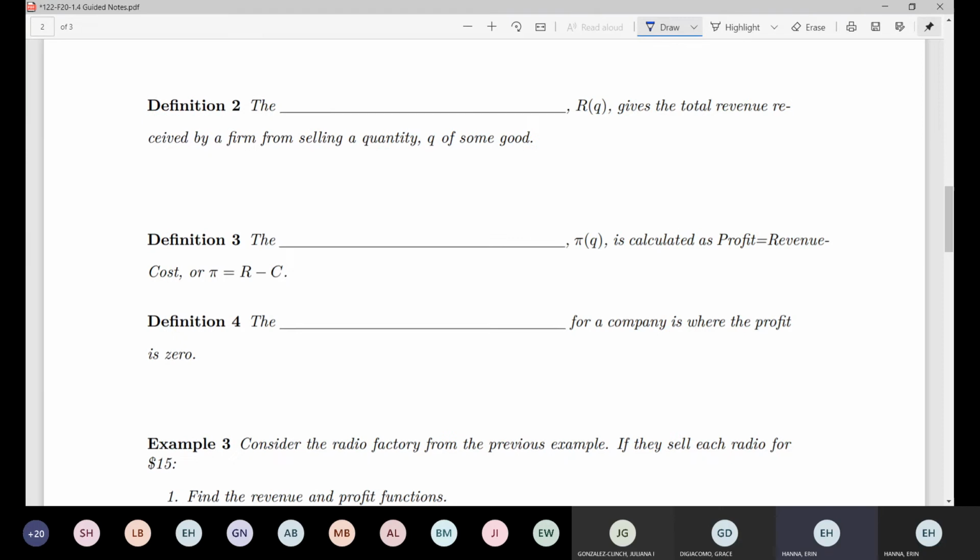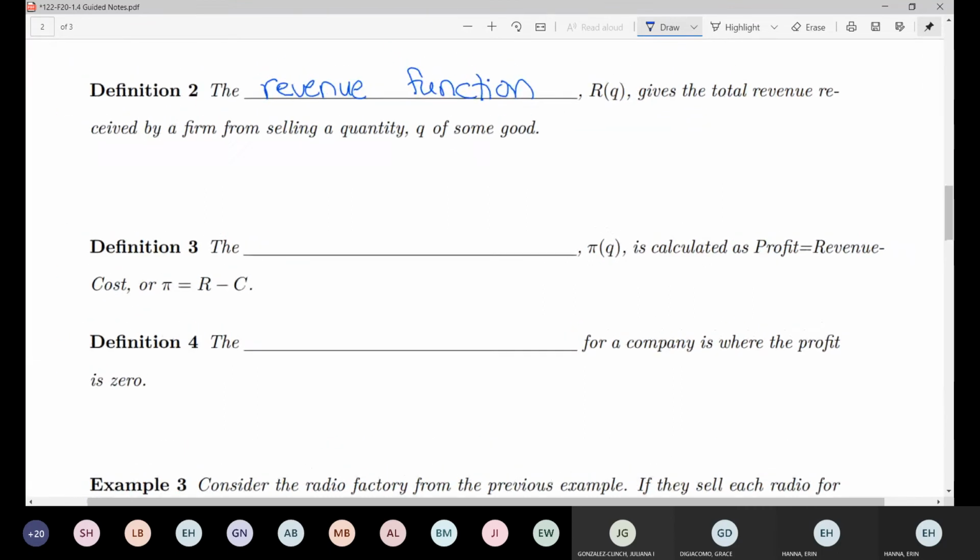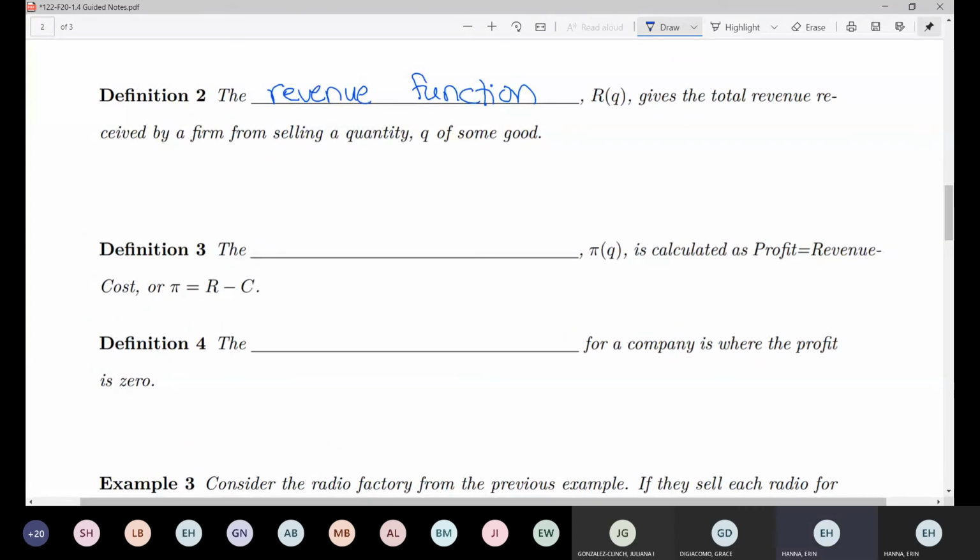So the revenue function gives the total revenue received by a firm by selling a quantity Q of some good. So that's essentially, I sell 100 radios, I make blah amount of money selling them.